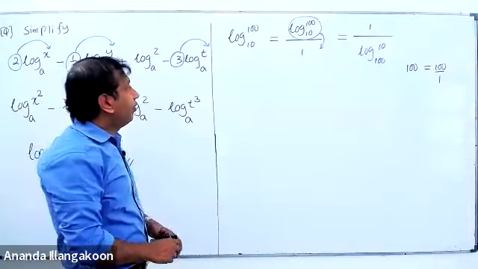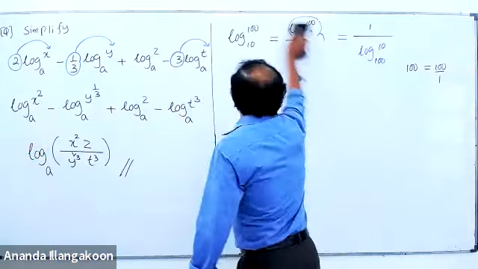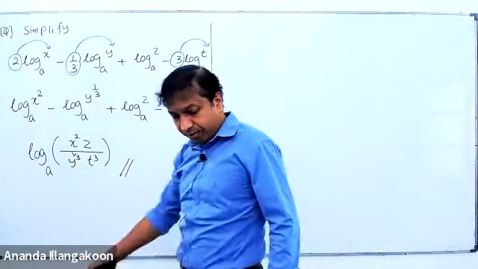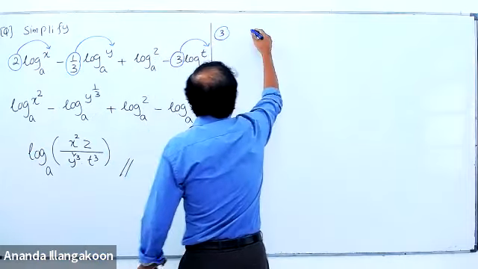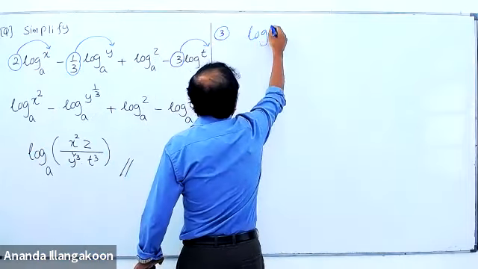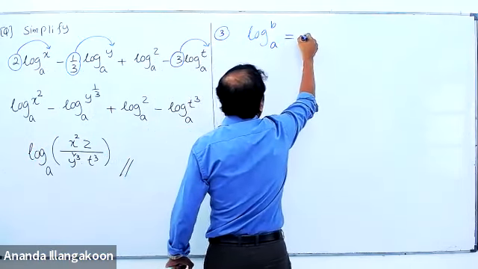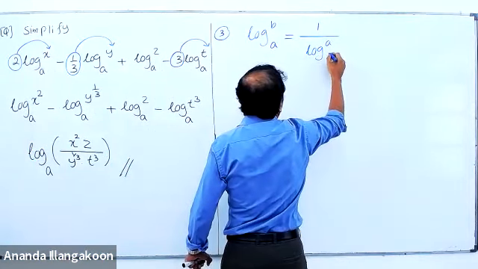Okay. Then we'll write the law. Number 3. It is log b to the base a equals 1 upon log a to the base b.